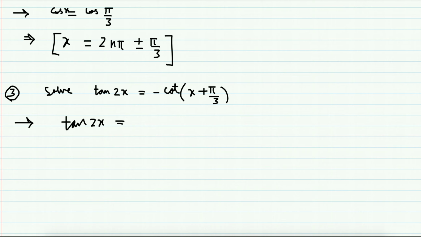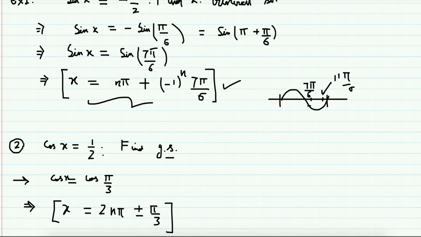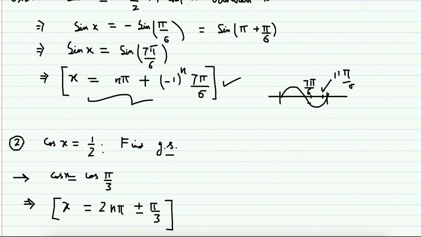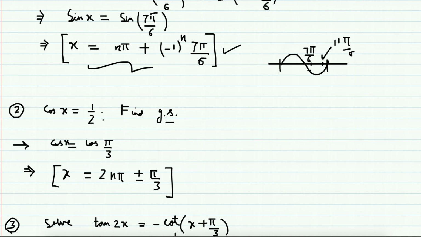So we can write tan pi by 2 plus x is equal to minus cot x. So we can write it in terms of tan x. Our target while solving these trigonometric equations is to bring both left hand side and right hand side to one form.